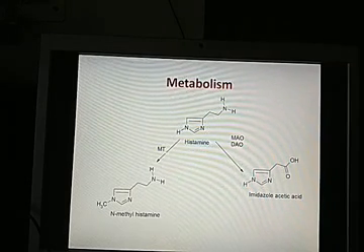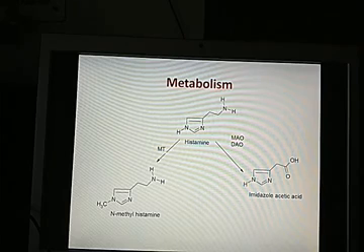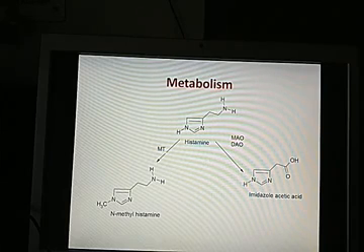Coming to the metabolism of histamine, histamine can be metabolized by two pathways. It can be metabolized by monoamine oxidases or diamine oxidases, or else by the action of the enzyme methyl transferase.